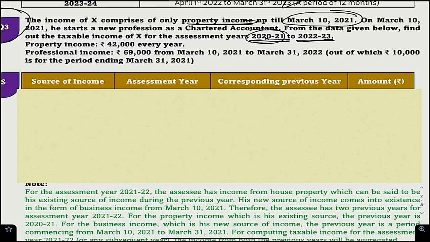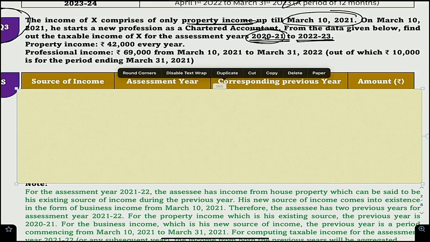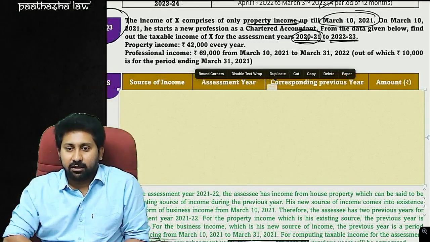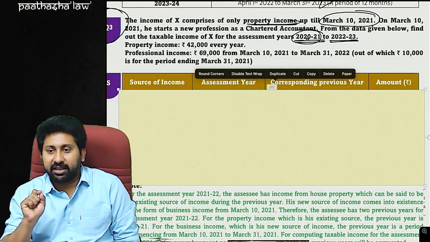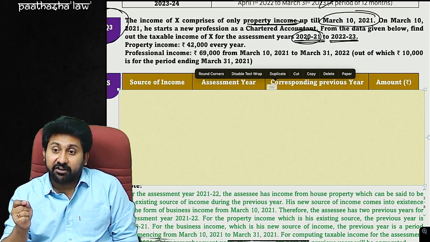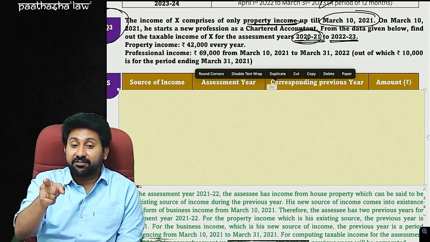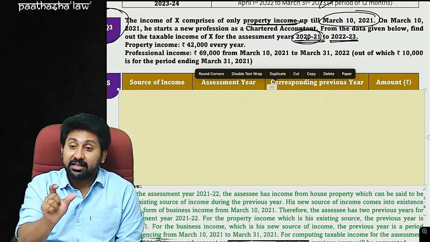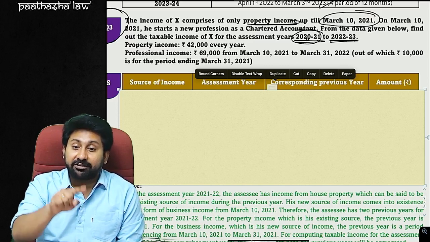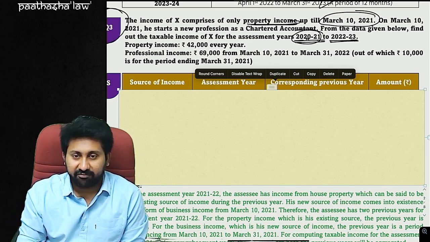Okay, completed. Let us see the answer now. First point, before you see the answer: my income comprises till 31st March 2021, which means the financial year is 2021.